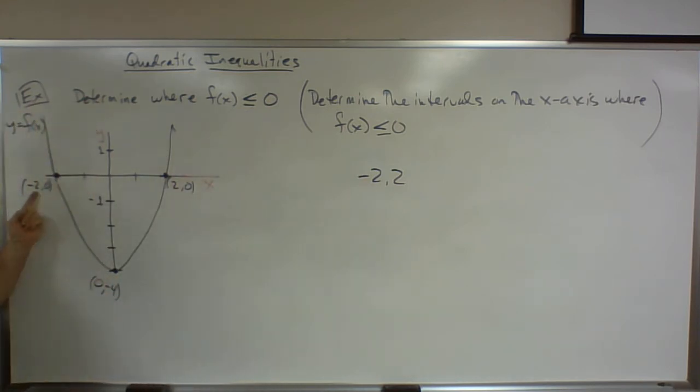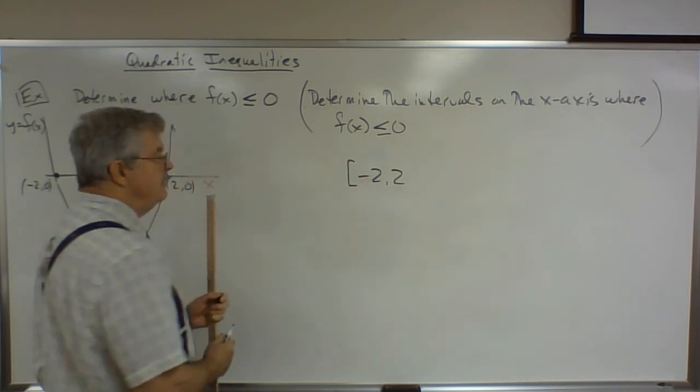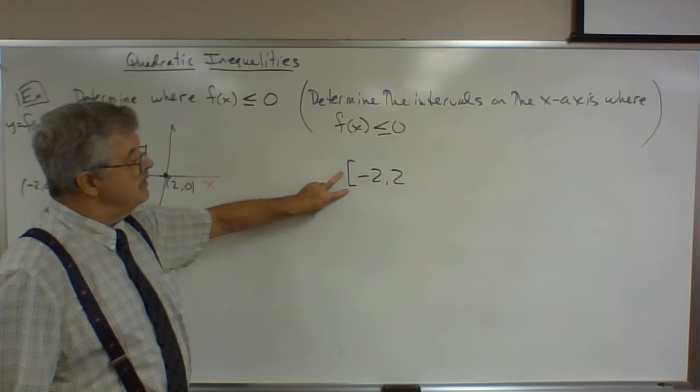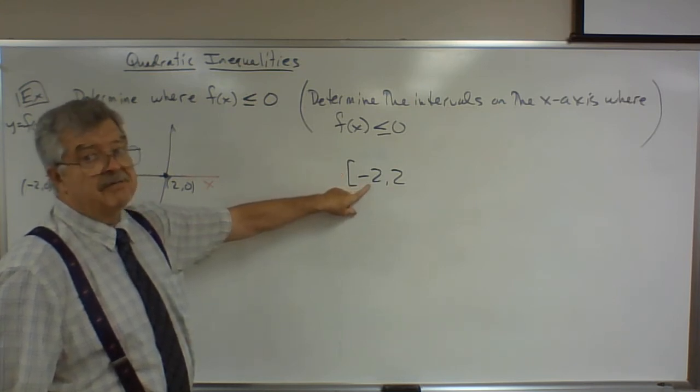Right here at x equal negative 2, f of x is equal to 0. So negative 2 is part of the solution this time. And we include this square bracket, which tells us that this endpoint, negative 2, is part of the solution.